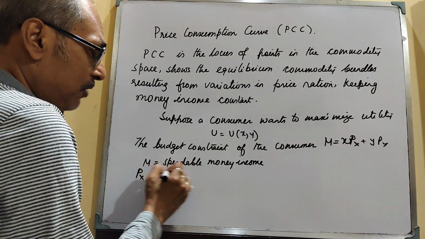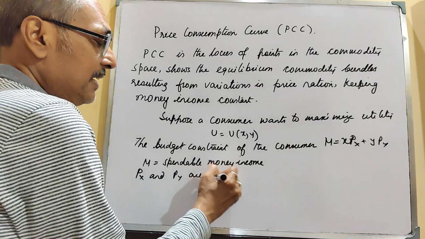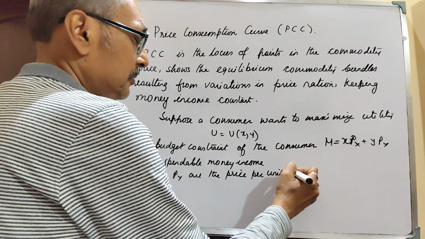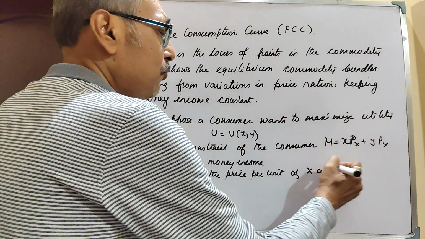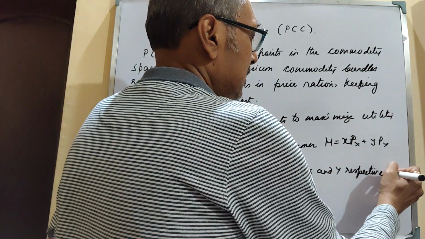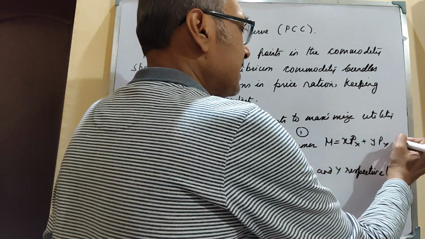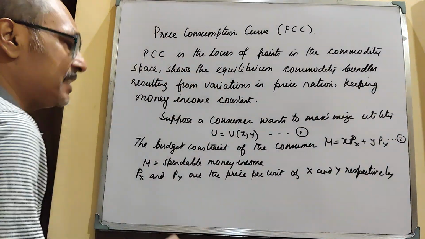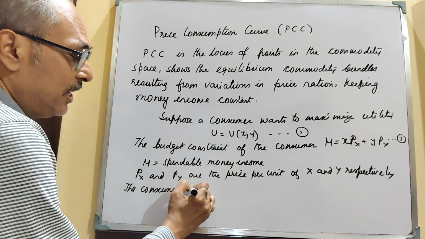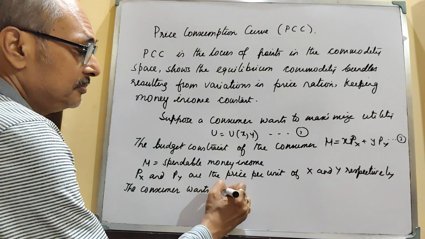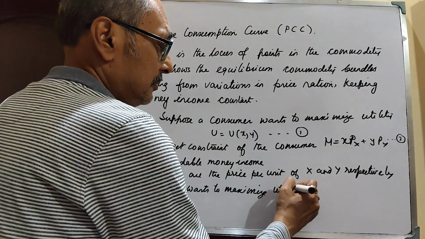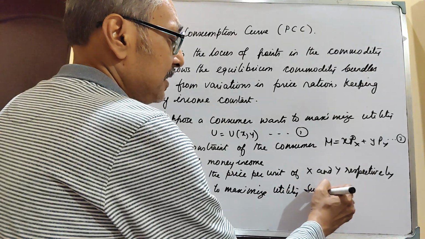Px and Py are the price per unit of x and y respectively. The consumer wants to maximize utility subject to this budget constraint.